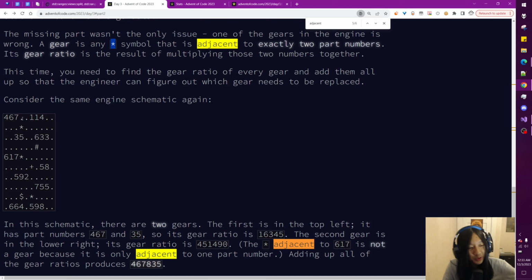I was worried they would do something like this, so until now my problem is now inverted because I was looking for symbols around numbers. Now we have to look for numbers around symbols, which is slightly more difficult task.